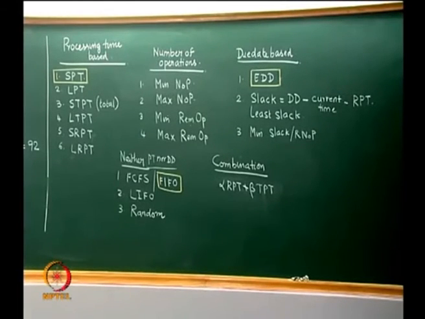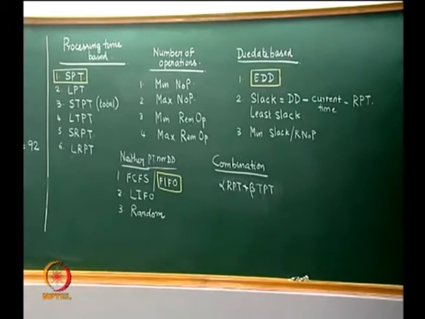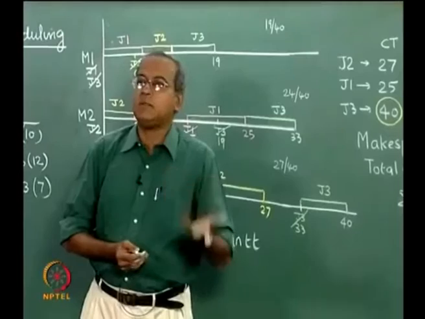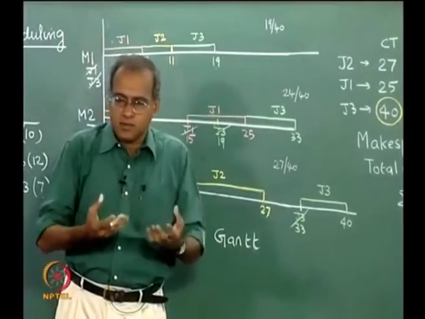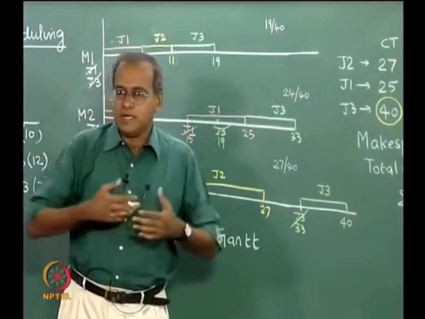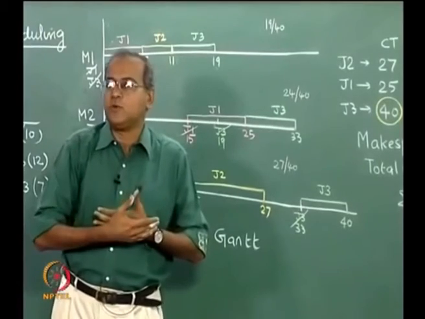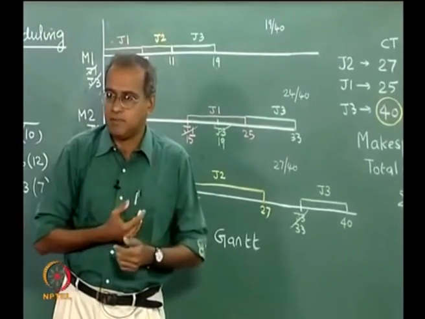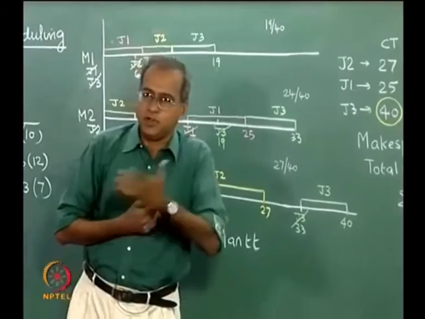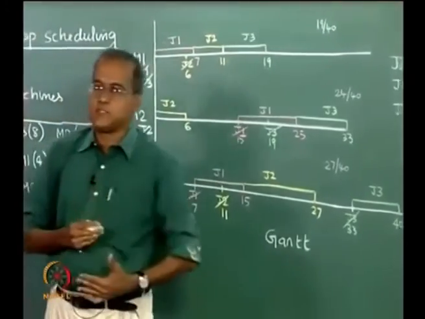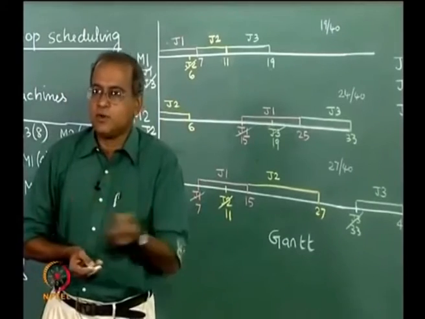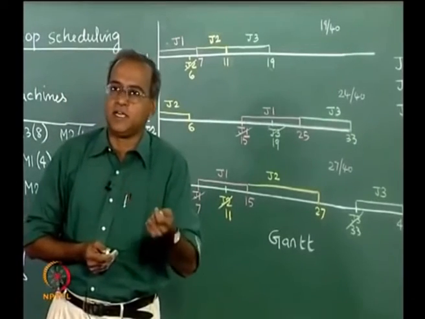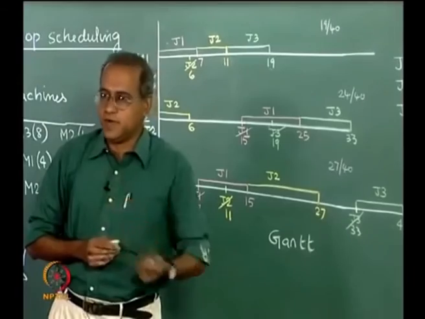Now, these three rules are very common, easily understandable and easily implementable. When we know that certain number of jobs are here, it is very intuitive that we choose the one which has the smallest processing time. Similarly, intuitively we choose the one that came in first, and if we have an idea of the due date, we would intuitively choose the job or activity that has the earliest due date.